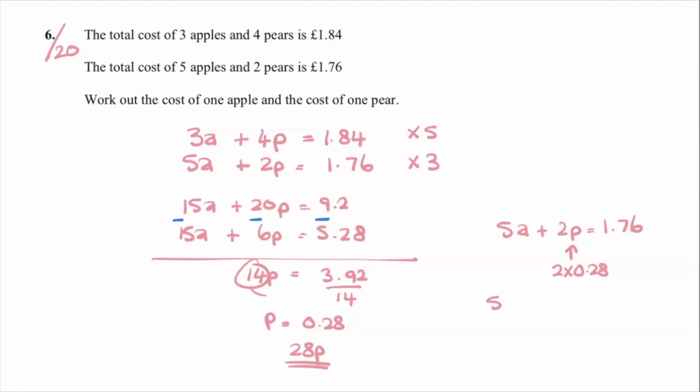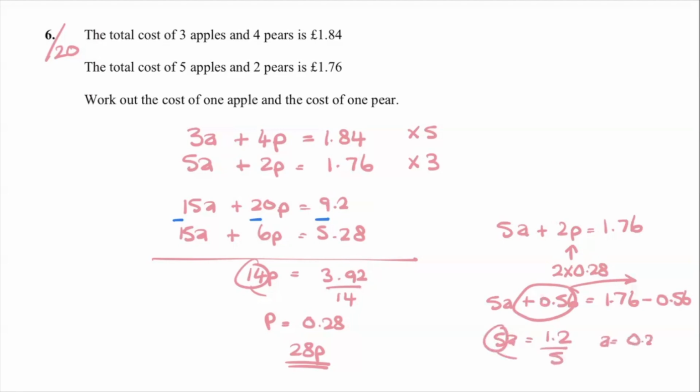So this is going to give me 5a plus 0.56 equaling £1.76. And now I will just go on and solve. I'm going to take this across. It lands as take away 0.56. So 5a is equal to 1.2. Divide through by the 5, and a is equal to 0.24 or 24 pence for the answer line.